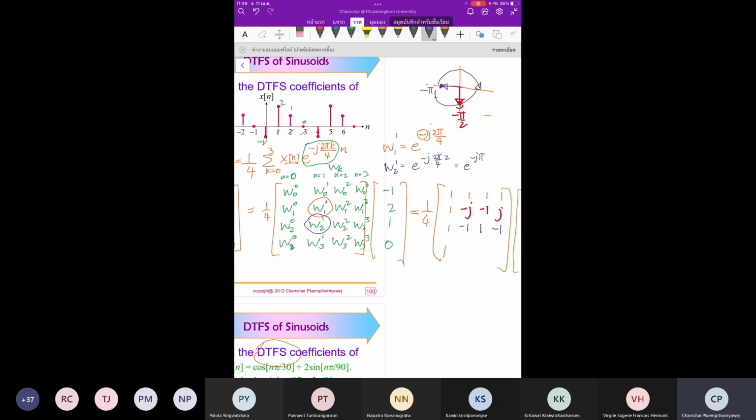Okay, and the last one is this one, W31. W31 is e to the negative j 2 pi over 4 times 3 times 1 is 3. So it's e to the negative j 3 pi over 4. Where is 3 pi over 4? No, 3 pi over 2.